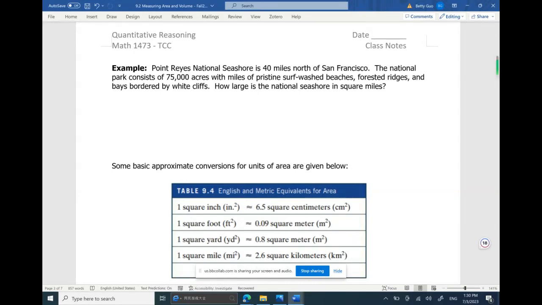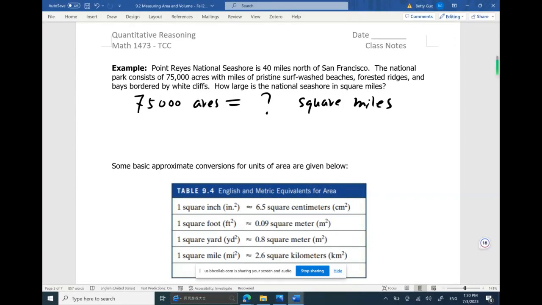How large is the national seashore in square miles? So basically, we are converting 75,000 acres to the equivalent square miles, right? Okay, then as I said earlier, this type of question, they will give you the information that you need. You don't have to memorize.